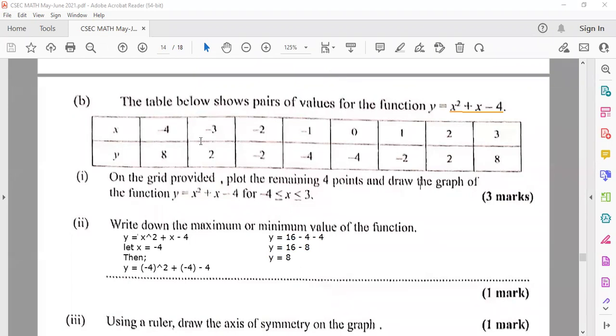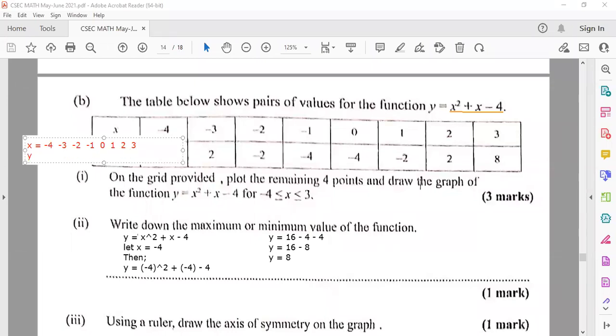All right. So let me just make a note of all the values of y. So, let's use x and y. The values of x are -4, -3, -2, -1, 0, 1, 2, 3. Those are the values of x.